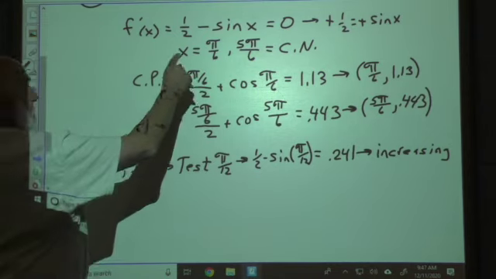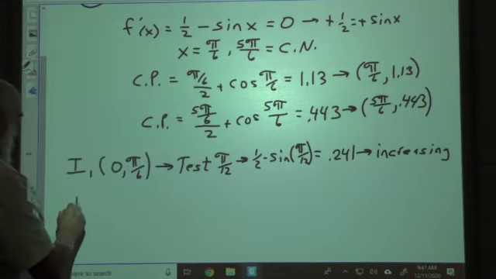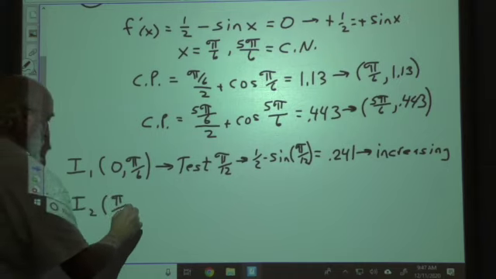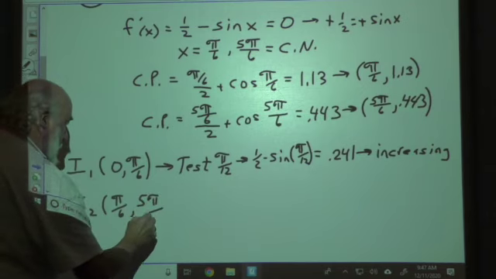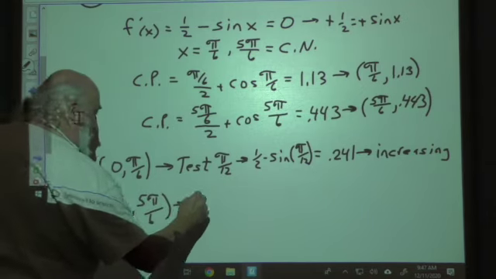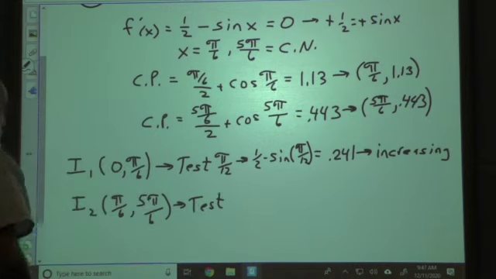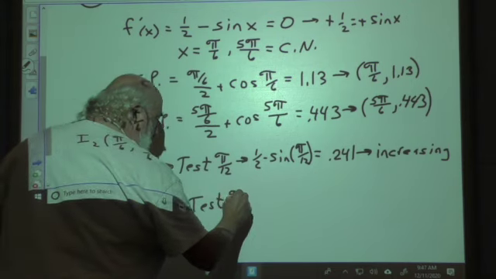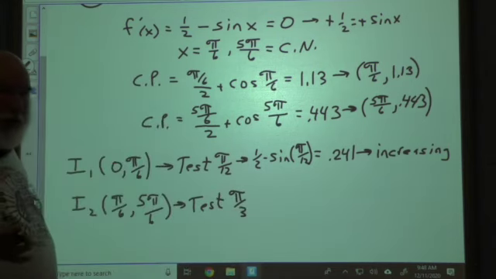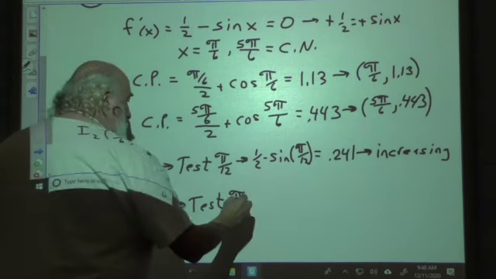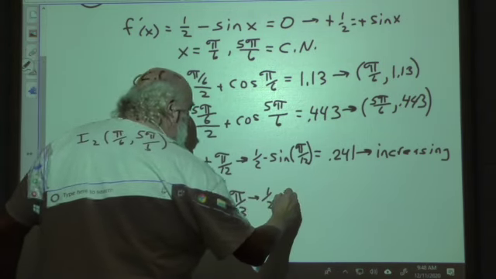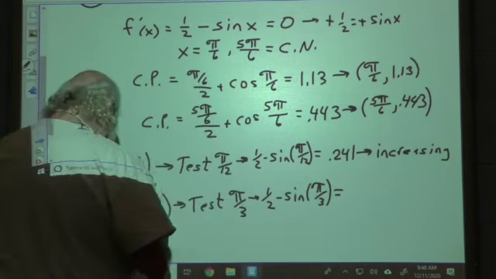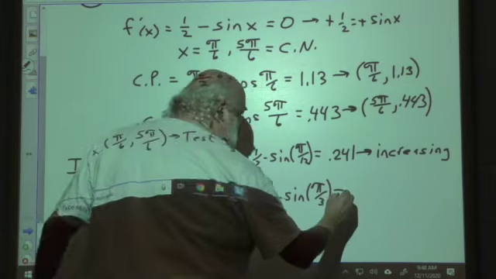The next interval is from pi over 6 to 5 pi over 6, interval 2. I'll test with a number in the middle of that, pi over 3. It doesn't really make any difference; you're going to get the same sign of answer no matter what. So this is 1/2 minus the sine of pi over 3, and the answer I get is negative 0.366.